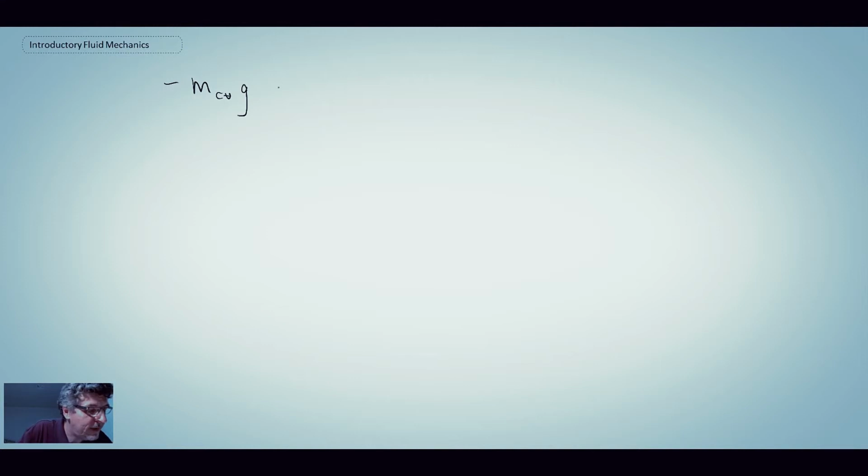We have the gravity term, or the body force, the acceleration of our reference frame times the mass of the control volume, and then on the right hand side, VE times m dot E.